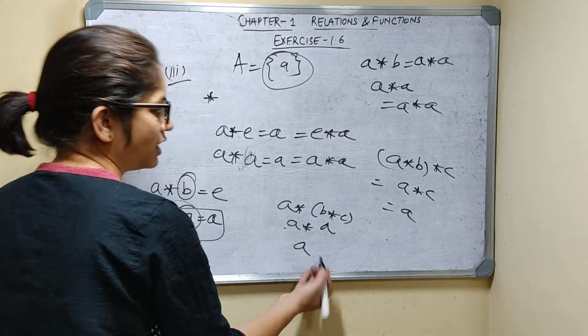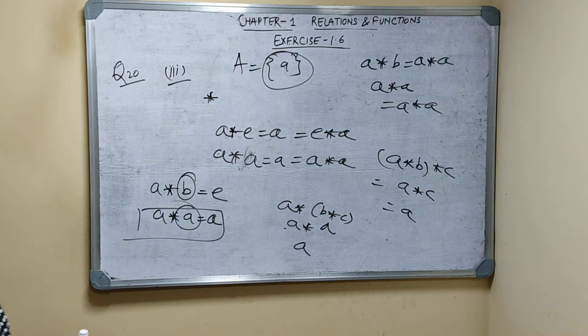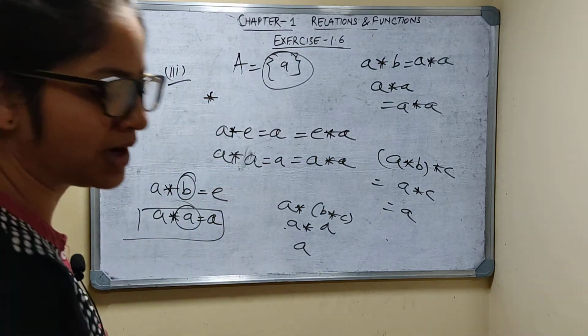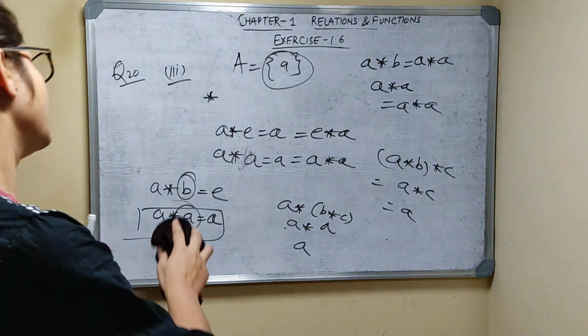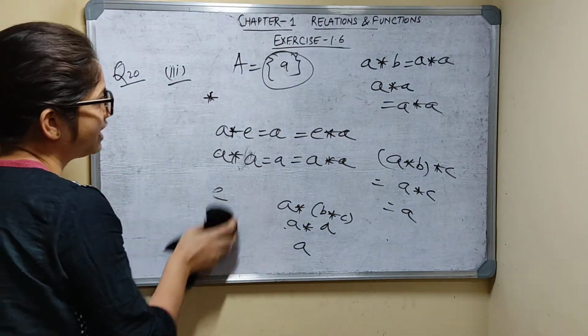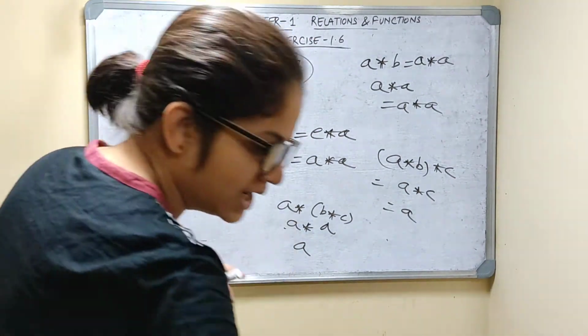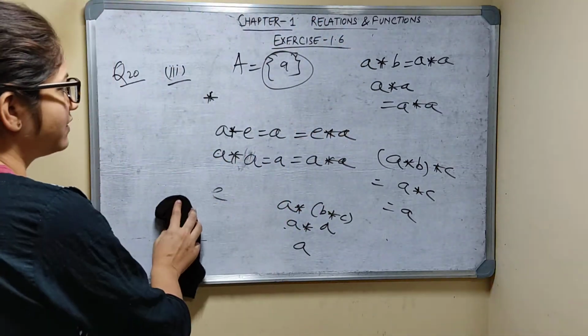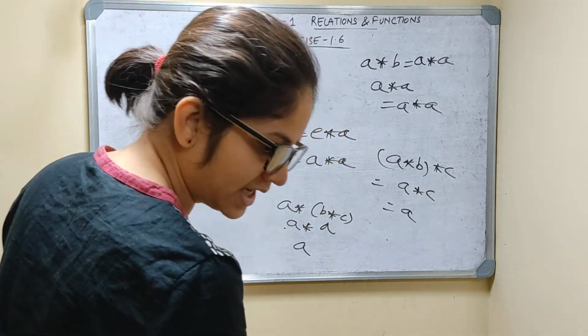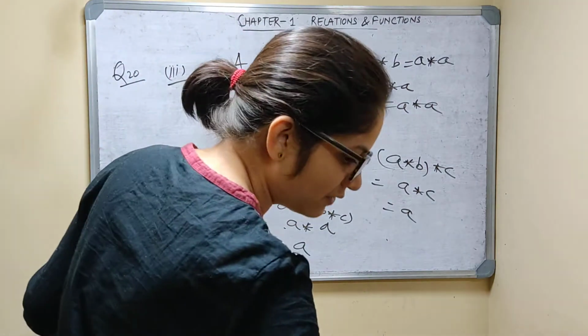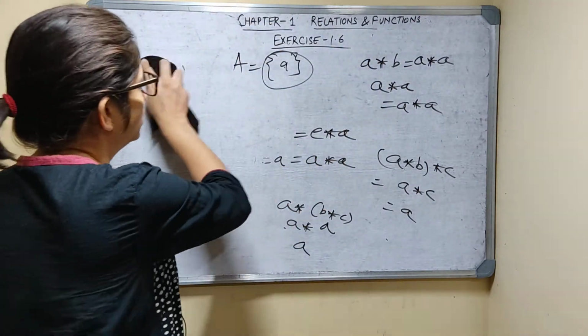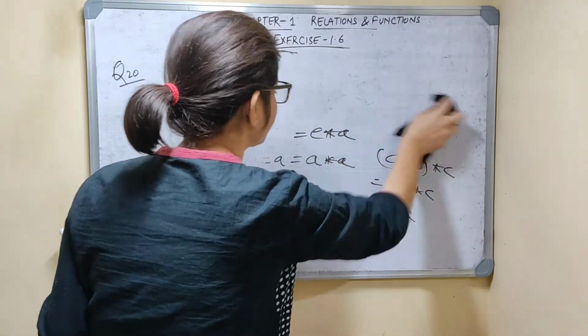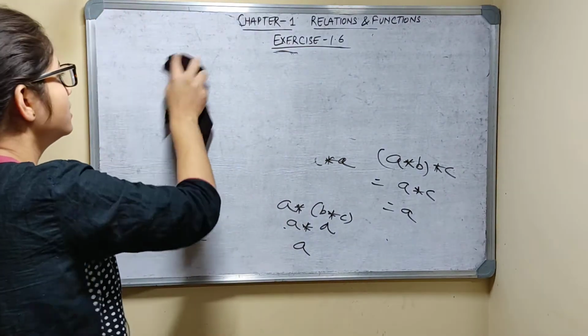A strict A is A only. Like this you have to do. So only A you will get. So every binary operation defined on a set having exactly one element A is necessarily commutative and associative with A as the identity element, and A being the inverse of A. This is true. Third part, it is true. Is it clear?